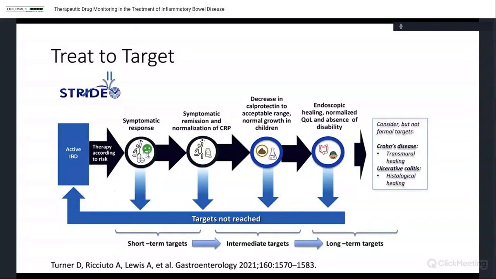And to do that, we treat to other targets, such as biomarkers, including C-reactive protein or CRP, stool calprotectin, a sensitive marker of intestinal inflammation, and then ultimately later targets like endoscopic healing and normalization of growth in children.